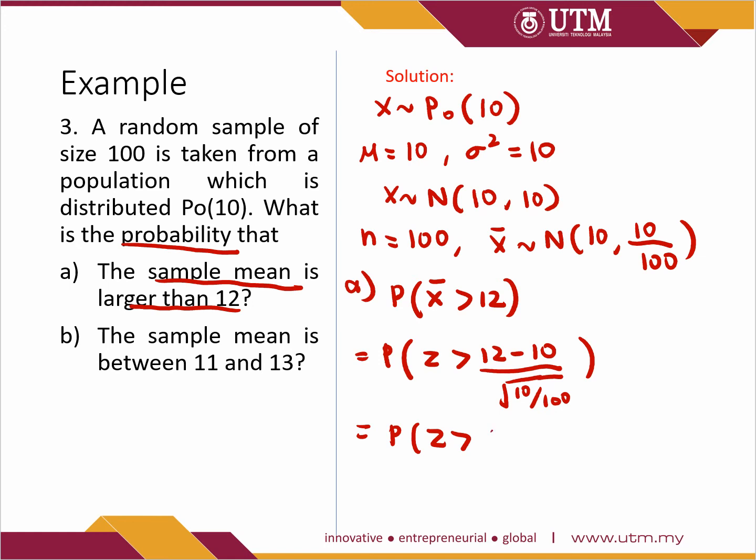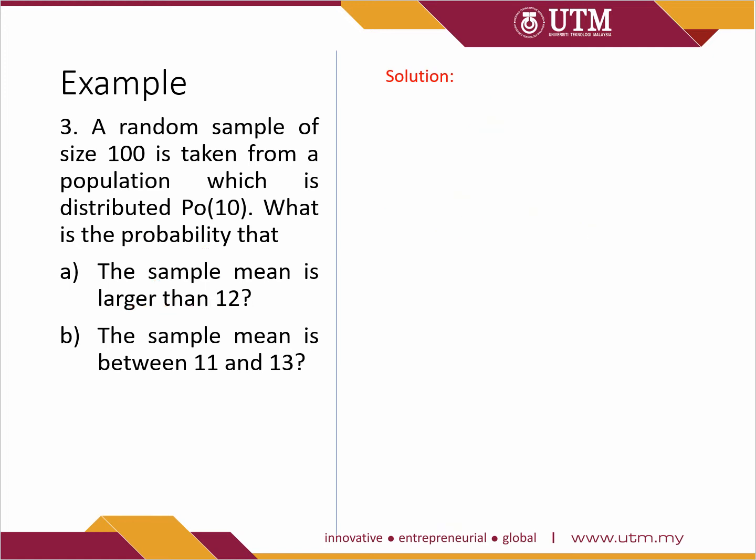Which is Z greater than 6.32, which is equal to 0. Okay, which means that it is impossible to get a sample mean that is larger than 12.